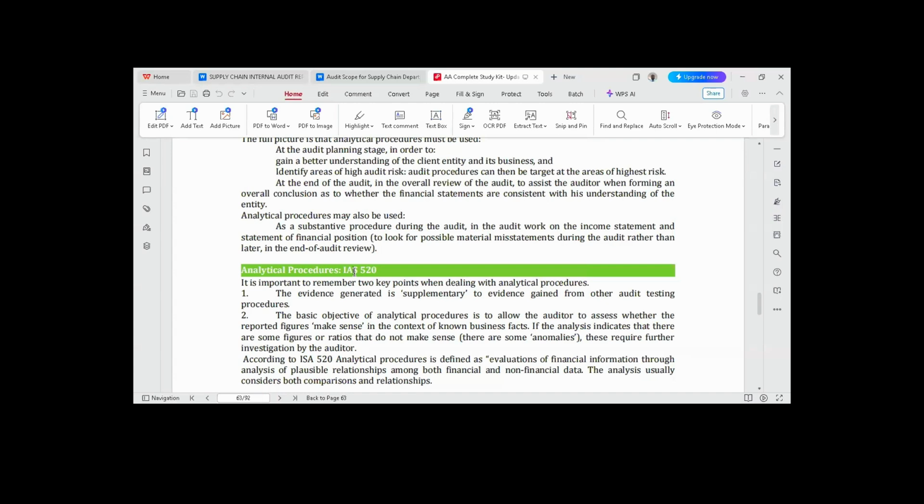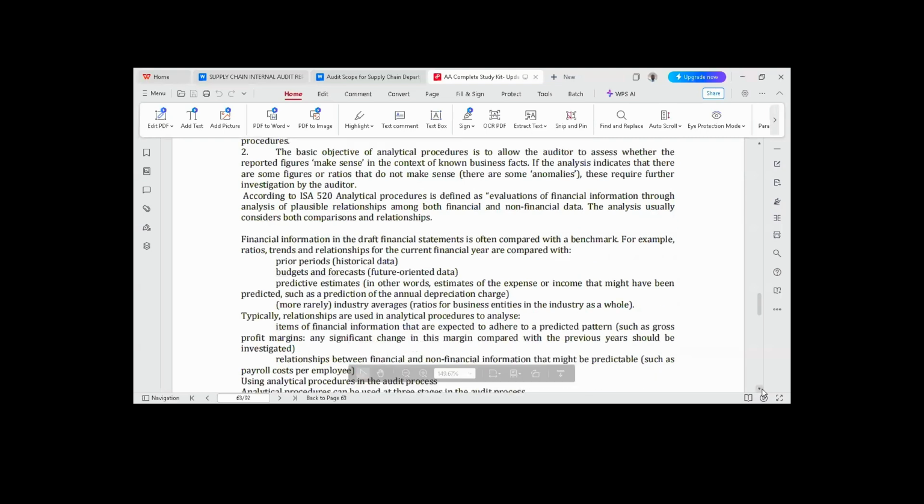If your revenue has not doubled and your account receivable balance is increasing, that means that in no time, the organization will be faced with what? Cash flow crisis. I hope you are getting it. So that is what we mean by analytical review procedures.